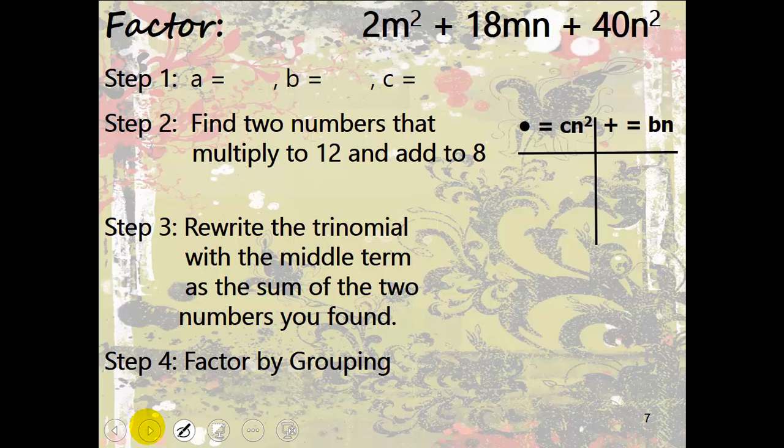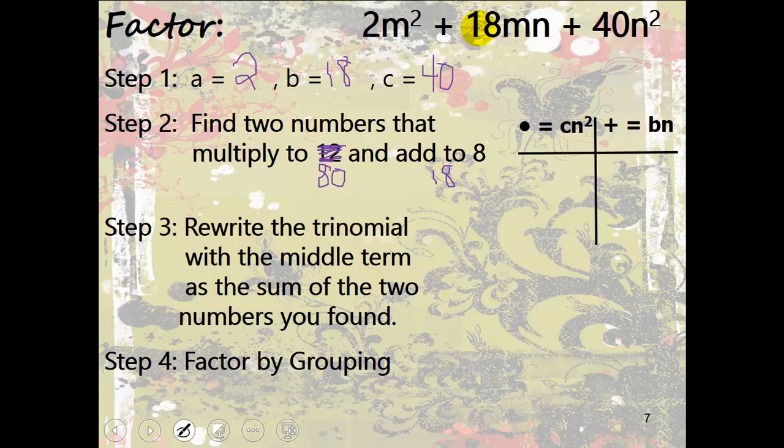All right, on this one, we have A is 2, B is 18, C is 40. So we want two numbers that multiply to 80 and add to 18. But wait, look, because I can factor out a 2 from everything.